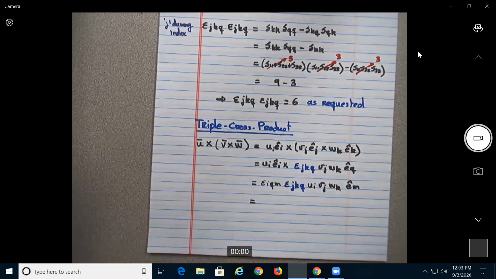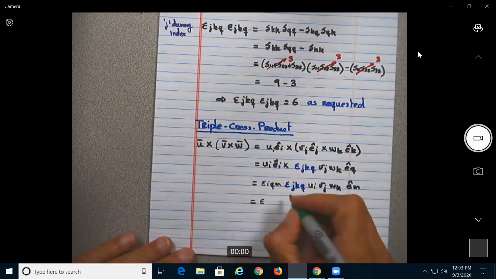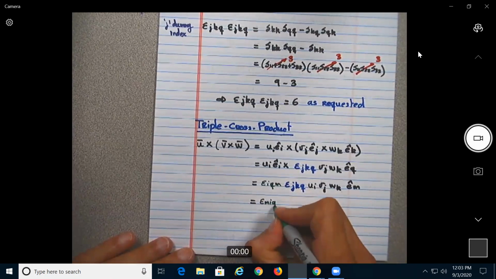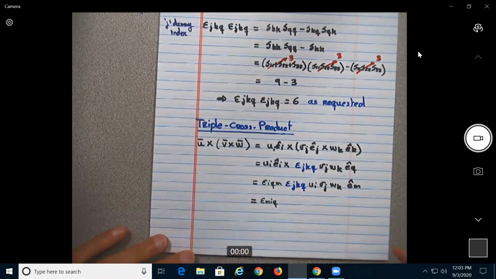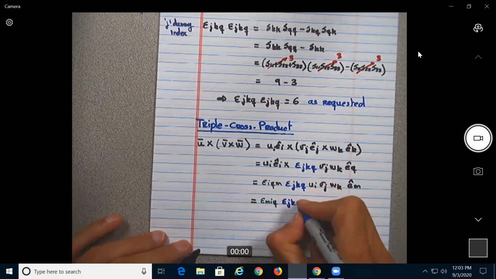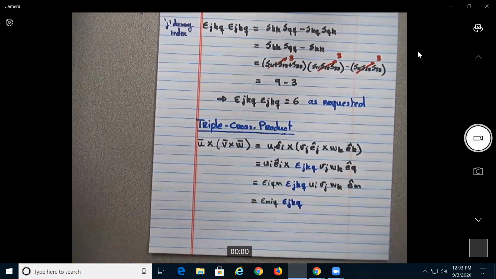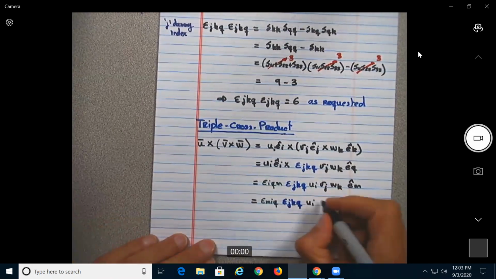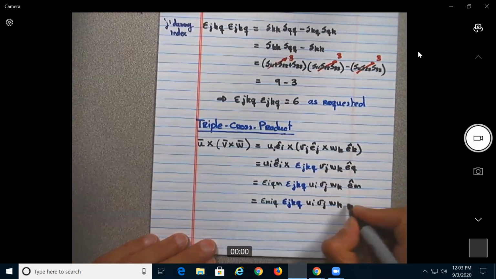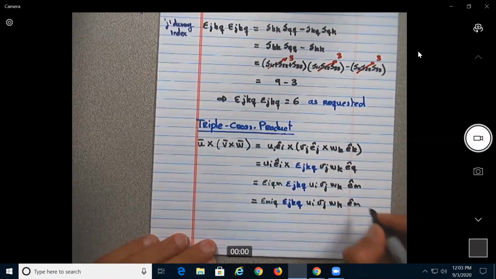So it will be equal to epsilon, to follow the order, M IQ, yeah? Epsilon J KQ, U sub I, V sub J, W sub K, E sub M.